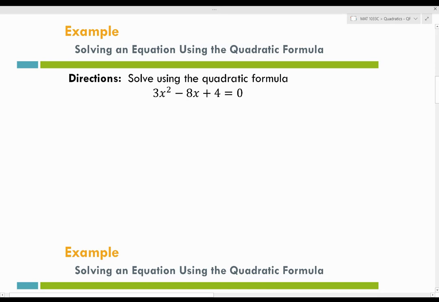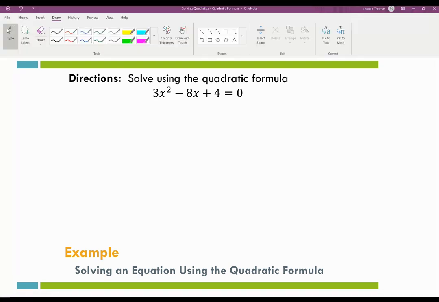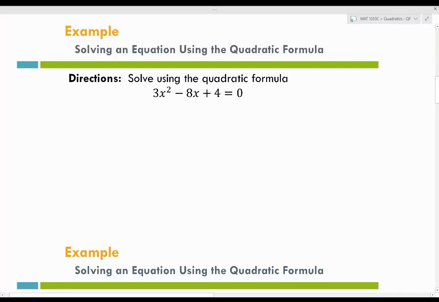Our first example says solve using the quadratic formula, and we have 3x squared minus 8x plus 4 equals 0. Step 1 was to always make sure that your problem was in standard form, which it is. Then step 2 is to identify a, b, and c. In this problem, a is equal to 3, b is equal to negative 8, and c is equal to 4.